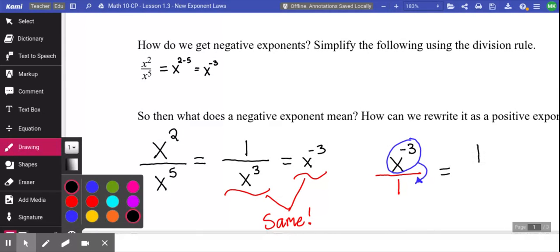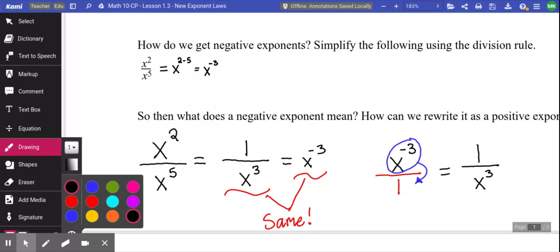That leaves you with 1 over, and then 1 times x to the power 3, which we just put x to the power 3. So you can move the power from the numerator to the denominator, and it will change the symbol for you.